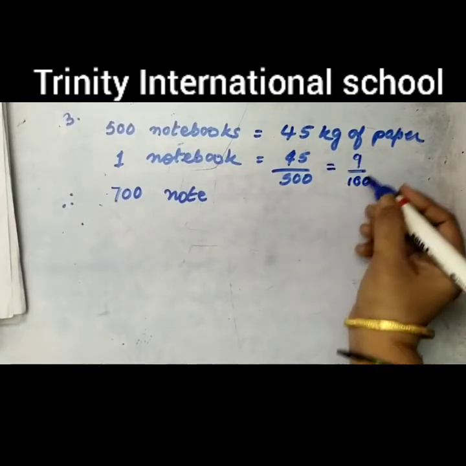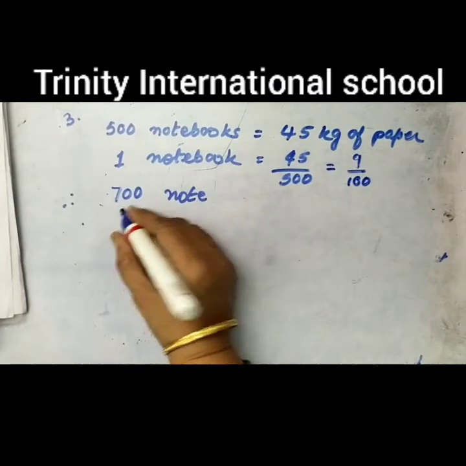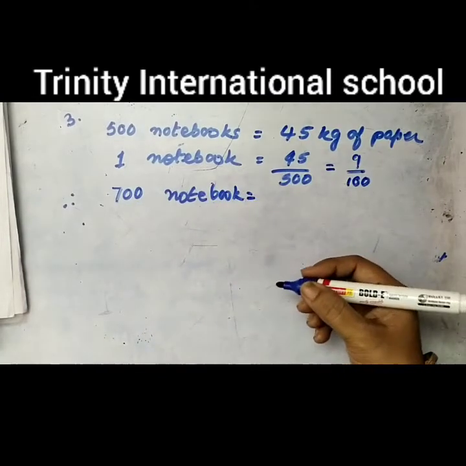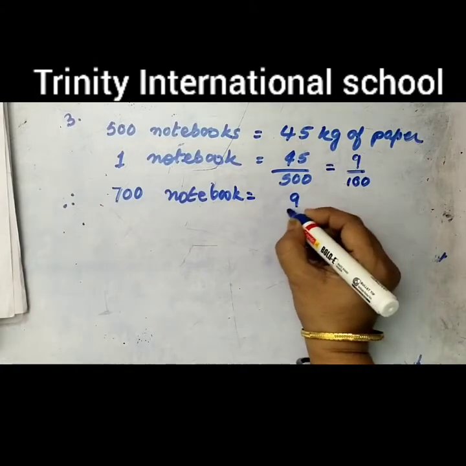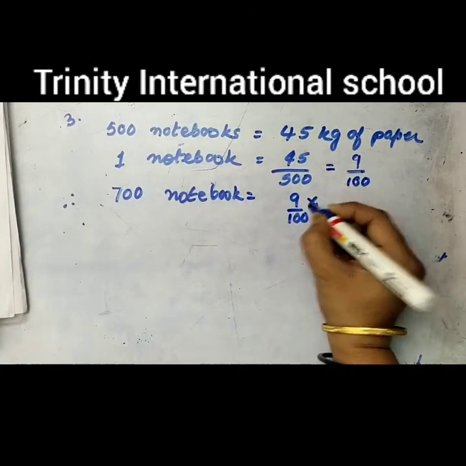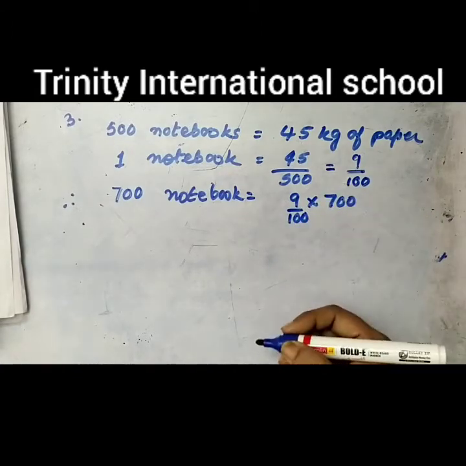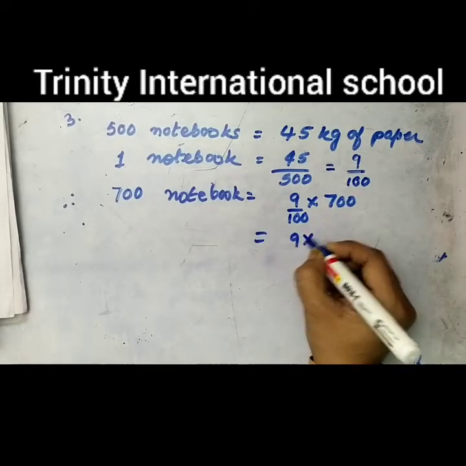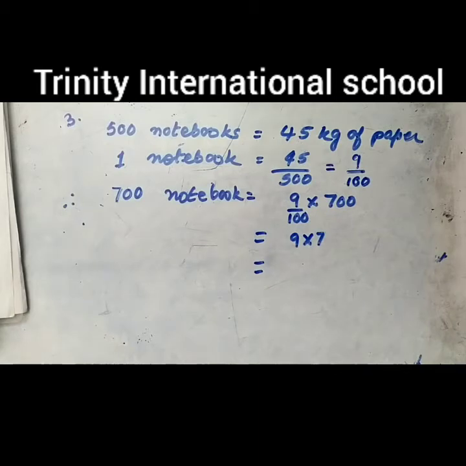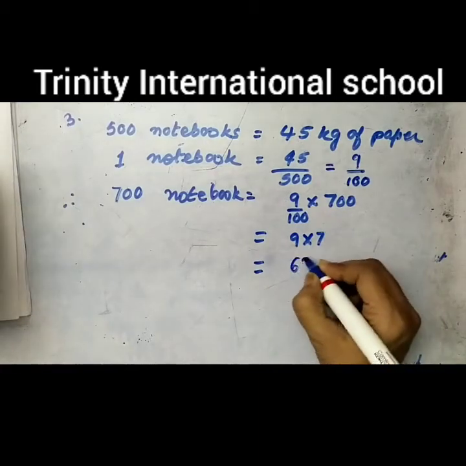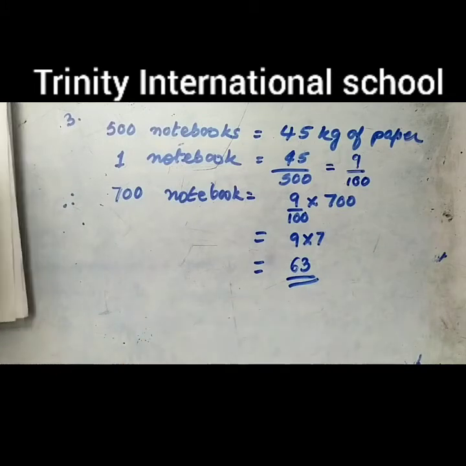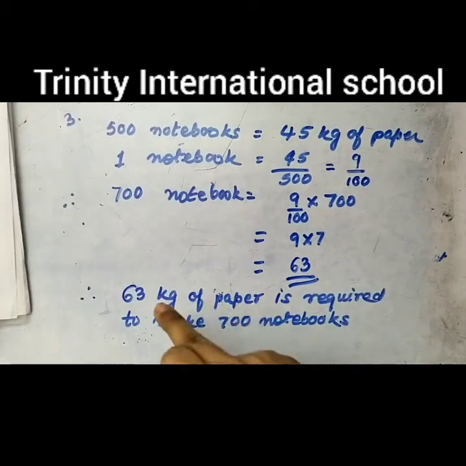So for 700 notebooks, how many kilos of paper is required? It will be this multiplied by 700. So this will come as 9 into 7. So this will come as your 63. So you can write the statement like this.